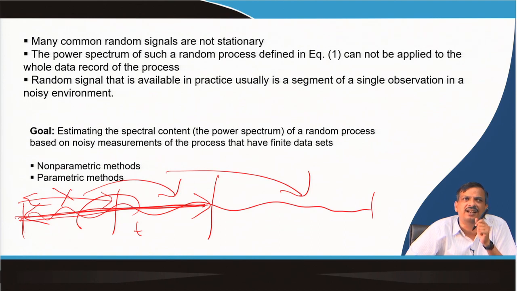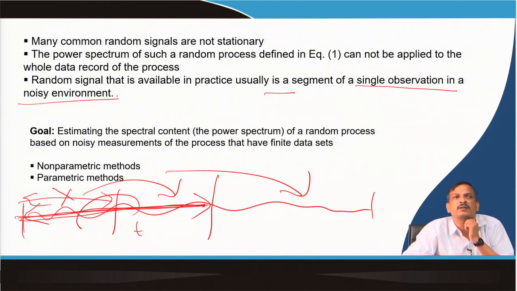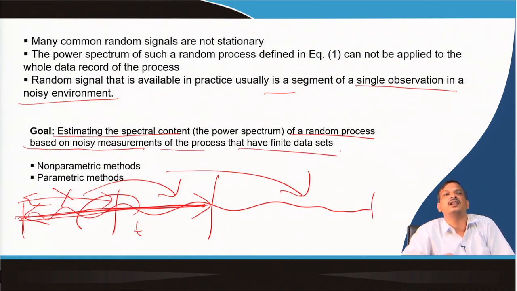A random signal available in practice is usually a segment, a single observation in a noisy environment. So, my goal is estimating the spectral content of the random process based on noisy measurements of the process that have a finite set of data.